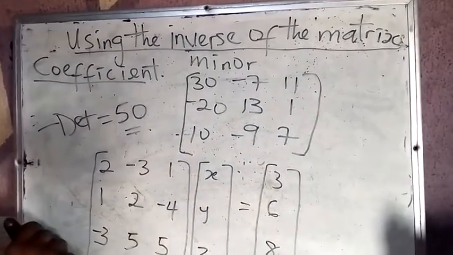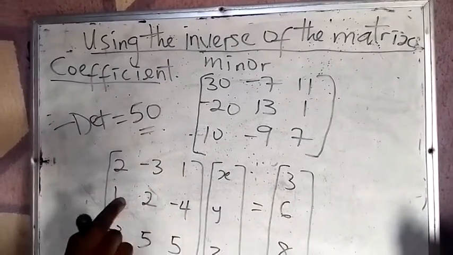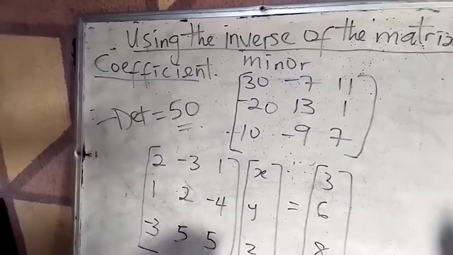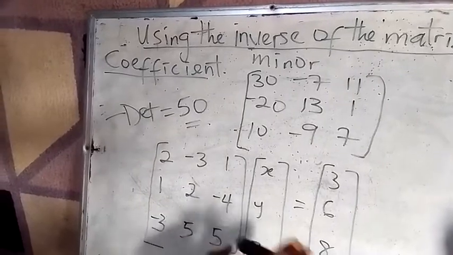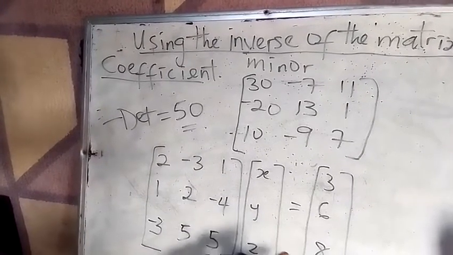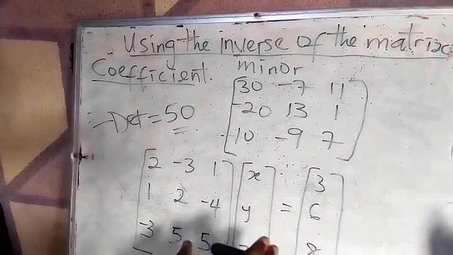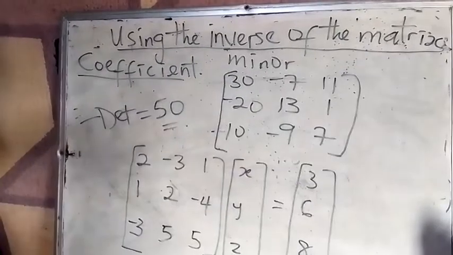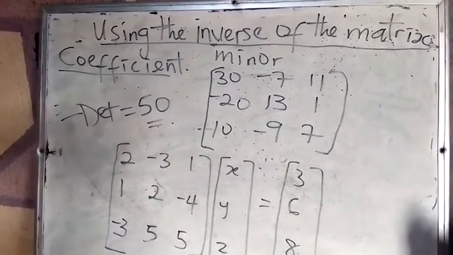This is what you are going to have as a minor. I've done the minor 3 by 3 in my previous videos. You will see how I did it, so you can follow the same precept to do the same thing, and you are going to have this as your minor. That is the second thing you have to do.